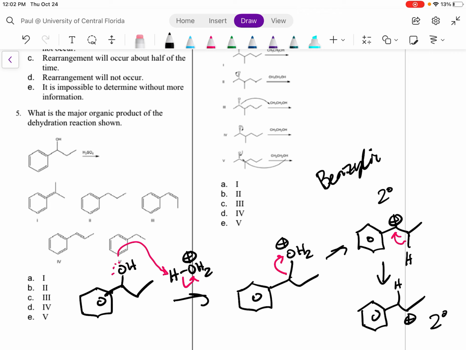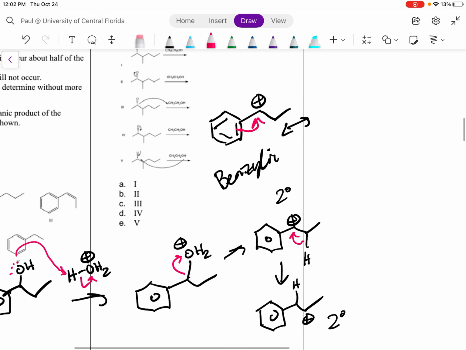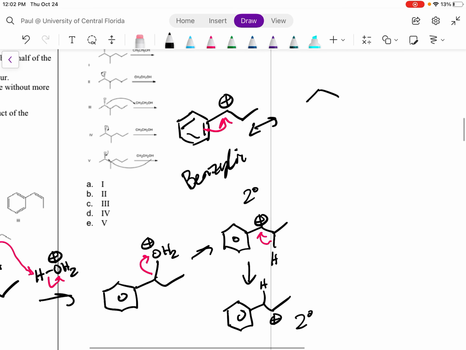And that carbocation, this one's more stable than this one below because when you look at that top one, do you notice that if we expand out the double bonds in that benzene ring, what can we do here? We can draw a resonance structure where those pi electrons can come out to help stabilize that carbocation.